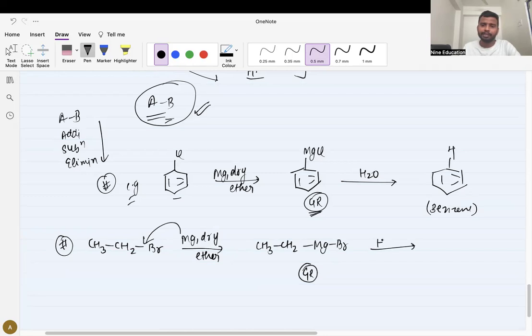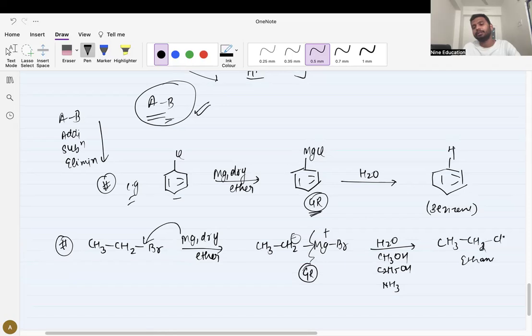If in this Grignard reagent I put water or CH3OH, alcohols, ethyl alcohol, methyl alcohol, ammonia, anything having active hydrogen, so what will happen? It will break this bond and hydrogen will be given by this. So CH3, CH2, CH3, sorry. You will get propane. You will get propane here.